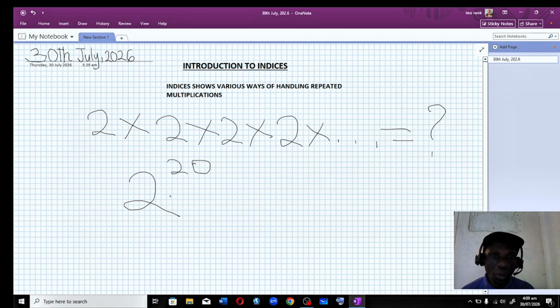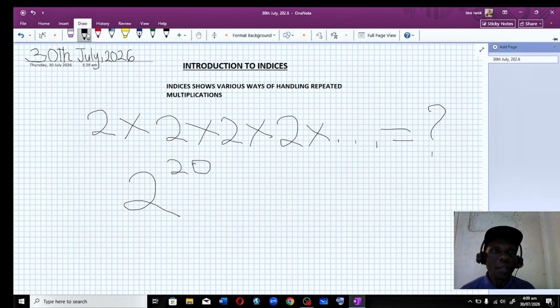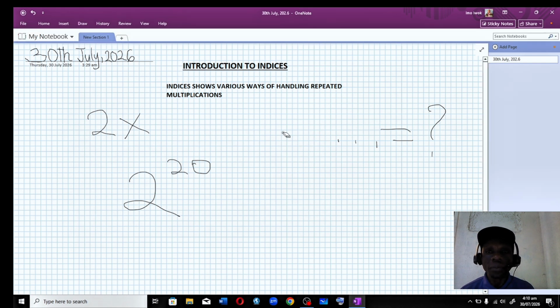That is what indices does. So it shows us various ways of handling repeated multiplication such as this. Okay, now having said so, there are rules or laws of indices. Take note, there are rules or laws of indices, and I'll briefly touch them if time would permit.